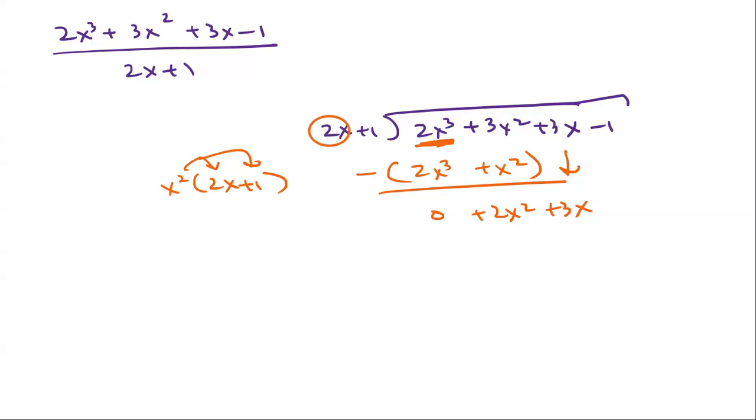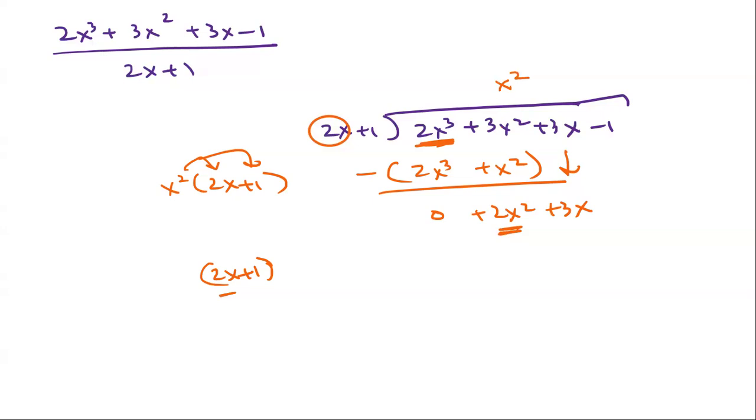Okay, so again, what can I multiply to 2x to give me, in this case now, 2x squared? Sorry, to 2x to give me 2x squared.